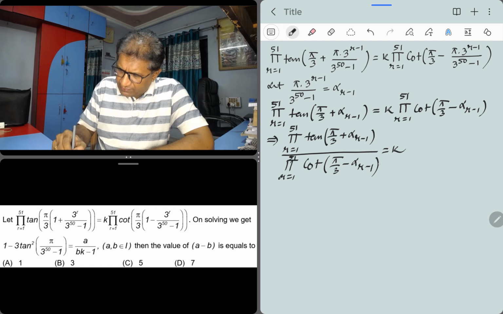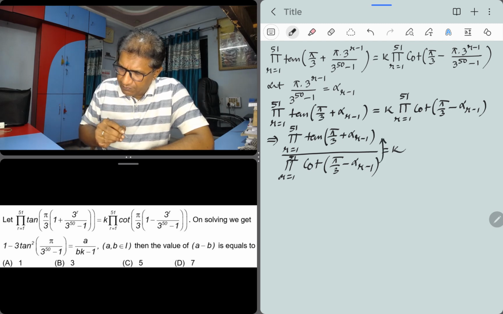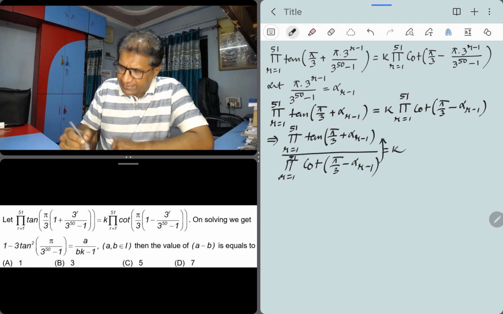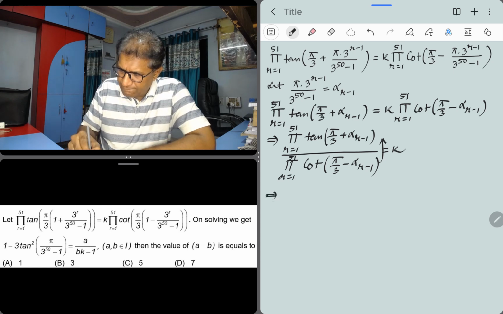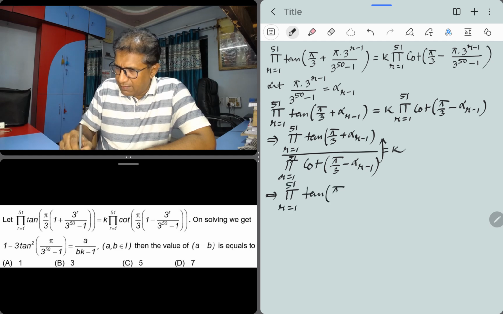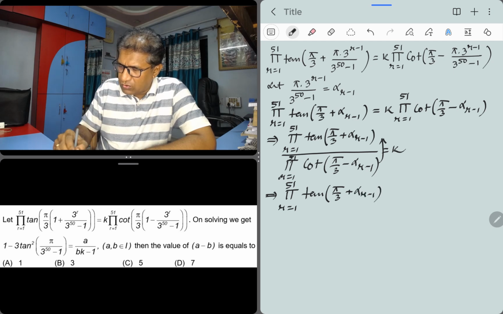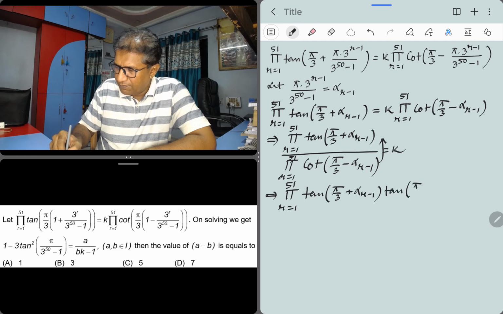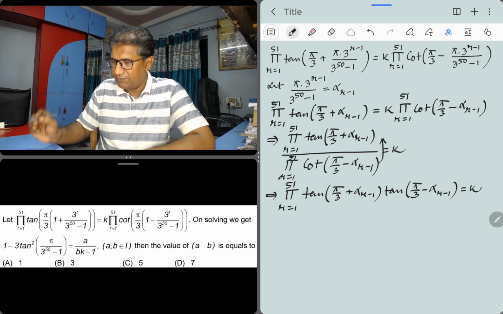Well, I can take this cot in the numerator since it's a product, so I can take it up, and it will become tan pi by 3 plus alpha r minus 1. When this cot goes up, it will become tan pi by 3 minus alpha r minus 1, which is equal to k.